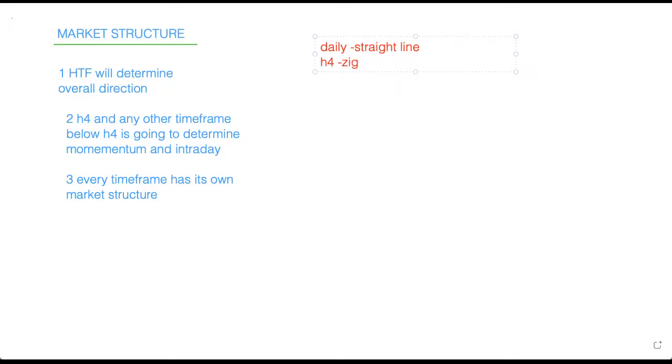What does this mean? This means you can open your charts and you see your daily chart moving like this.